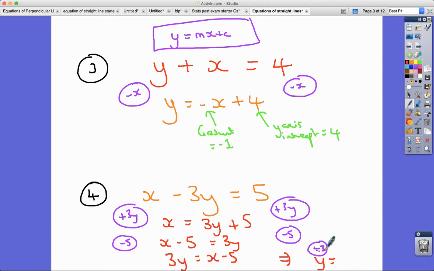And then x divided by 3 is a third x. And then minus 5 divided by 3 is minus 5 thirds. Okay, so not so easy, that one. So here I've got the gradient value, if I was asked, to be 1/3, and the y-intercept is at minus 5/3.